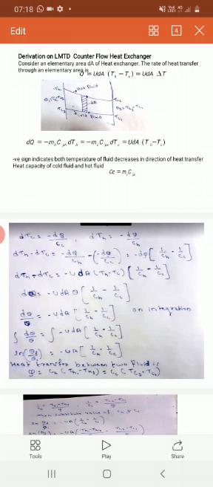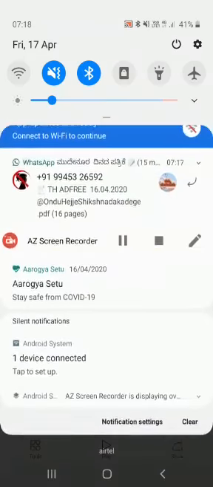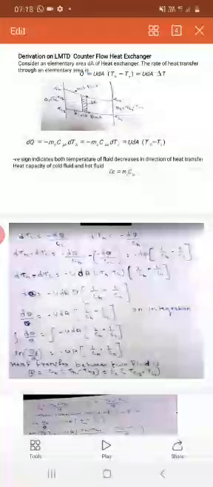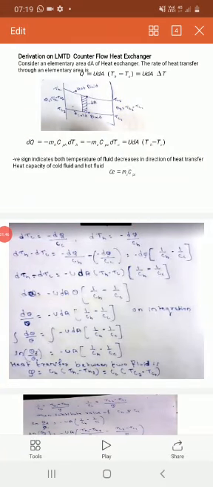Therefore, the rate of heat transfer dq is minus mh cph dTh, which is equal to minus mc cpc dTc, where the negative sign indicates that the temperature of the hot fluid decreases in the direction of heat transfer.